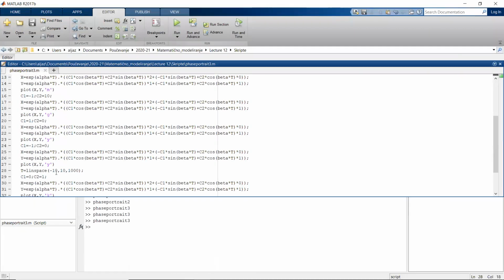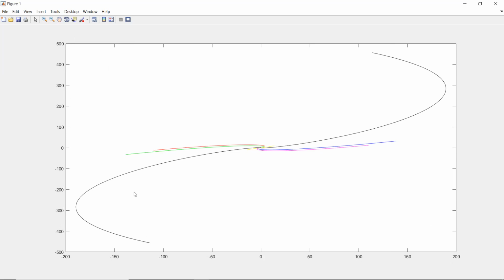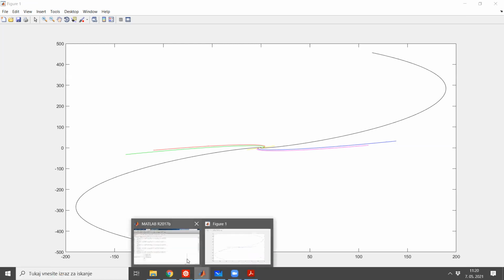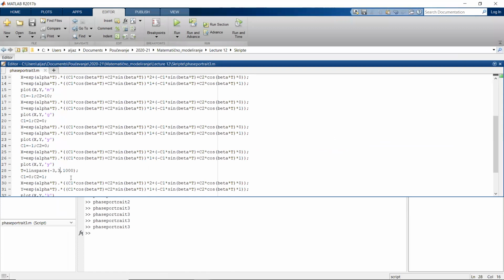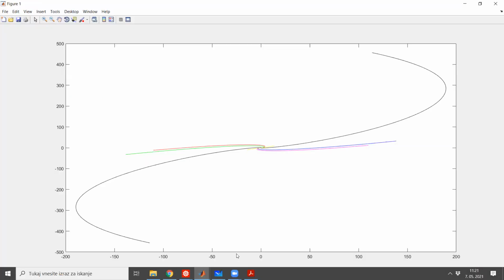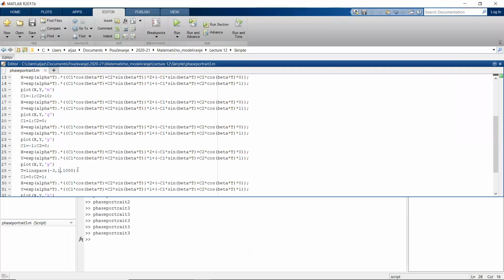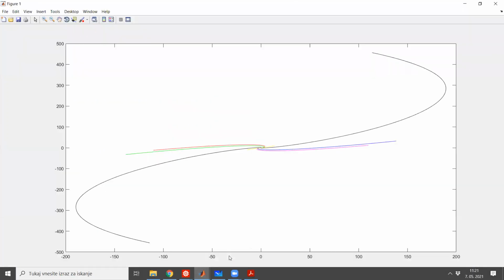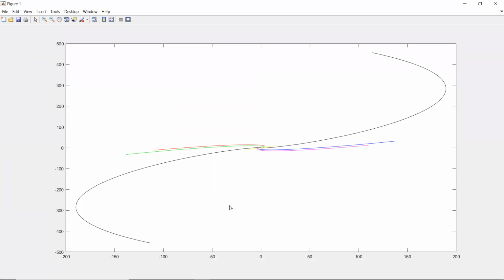So I didn't change this properly. Let's say -3 to 3. Now the black one prevails, but it dominates other curves. So maybe it's better to take -3 to 1. Still it dominates other curves. So one has to play with those intervals where the solutions are defined.